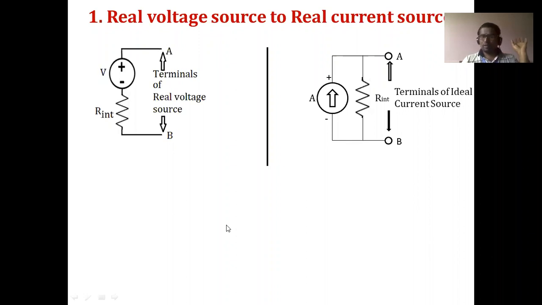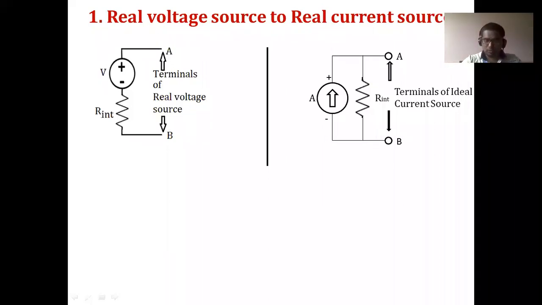That means if the internal resistance of the voltage source is 2 ohm, then the real current source will also have 2 ohm. Then we apply Ohm's law: you have the value of the voltage, you have the value of the internal resistance, and we get the value of the current. So simple.